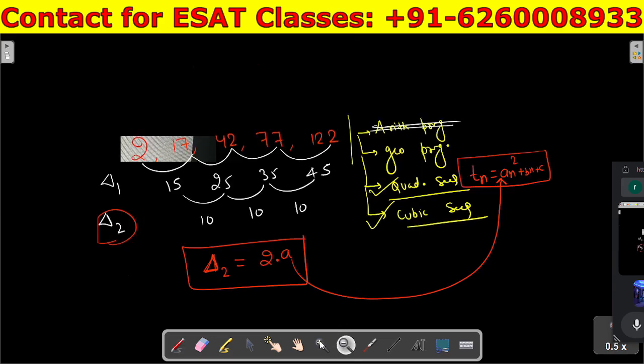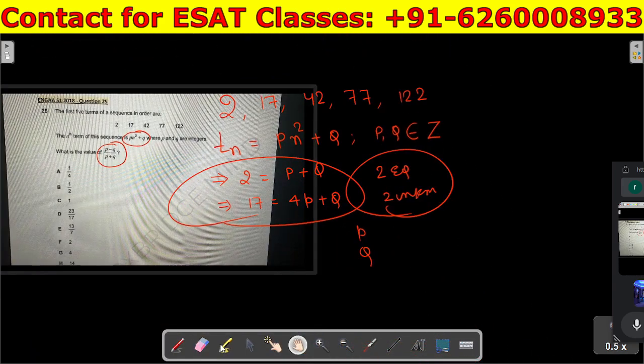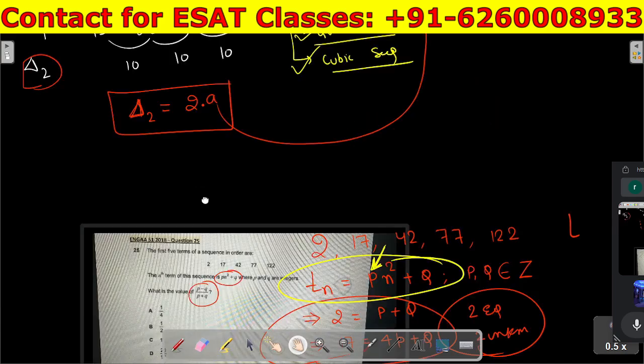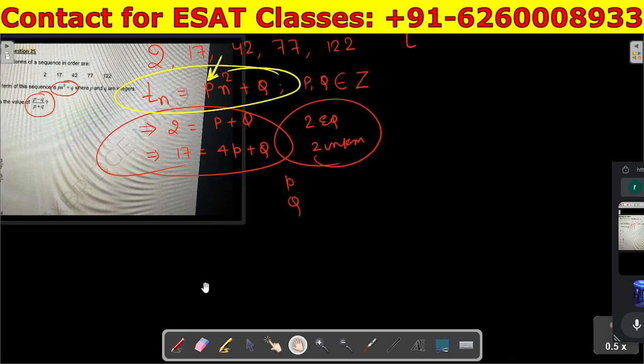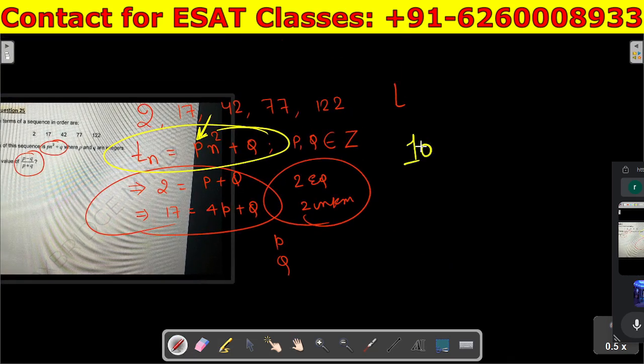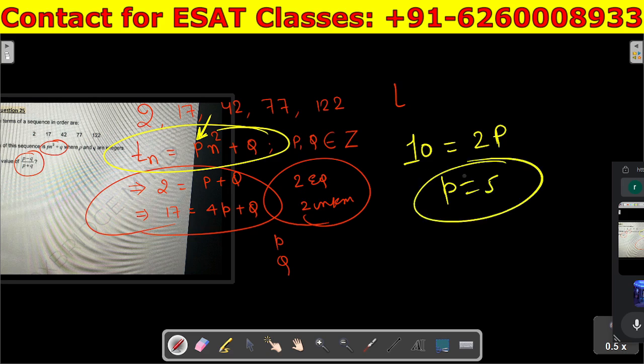In my question, Tn is pn square plus q. So the coefficient of n square is p, and the second common difference in my sequence is 10. So this 10 should be equal to 2p, so p should be 5. Have you got this as 5? You can get this mentally.